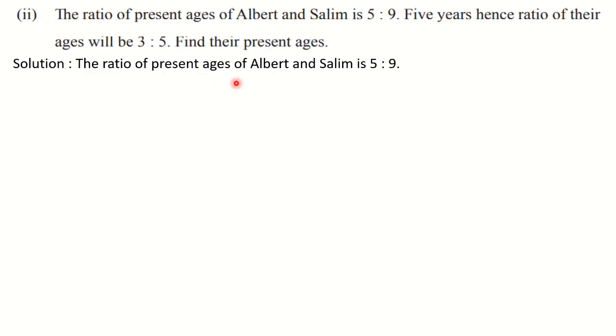The ratio of present ages of Albert and Salim is 5:9. And whenever there is a ratio, we have to think of a common multiple. So write down, let the common multiple of this ratio be x. So by using this, the present age of Albert we will get as 5x, 5 into x, correct? And the present age of Salim we will get as 9x.